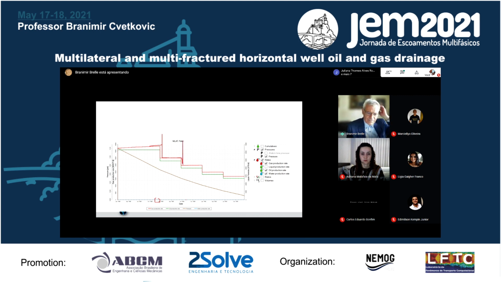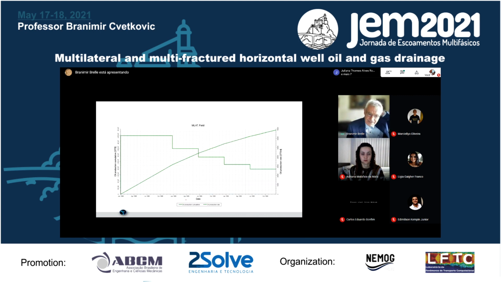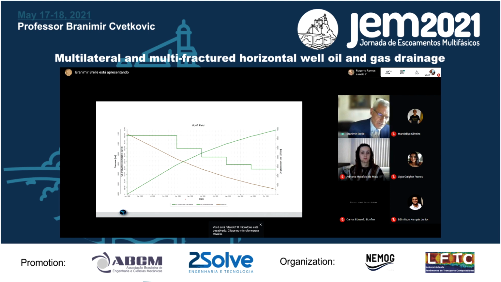And brown is my pressure. Here I can only make both the cumulative production and the rate production of one horizontal well with 9 laterals. Here I'm going to show that also, but including my pressure.